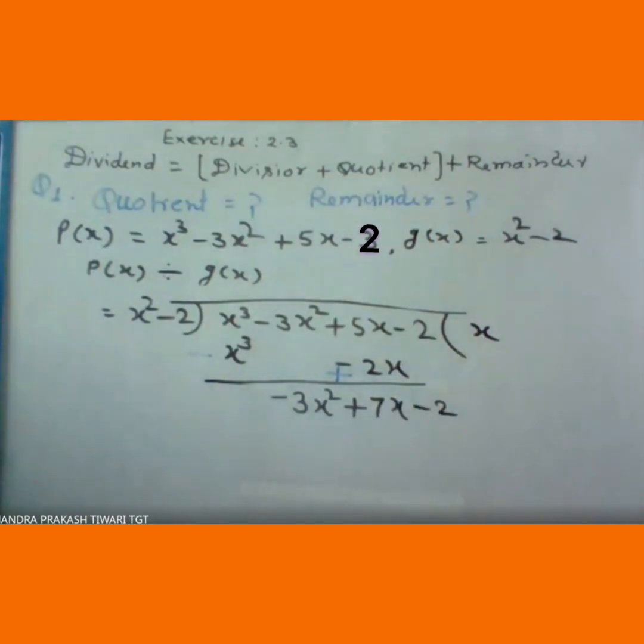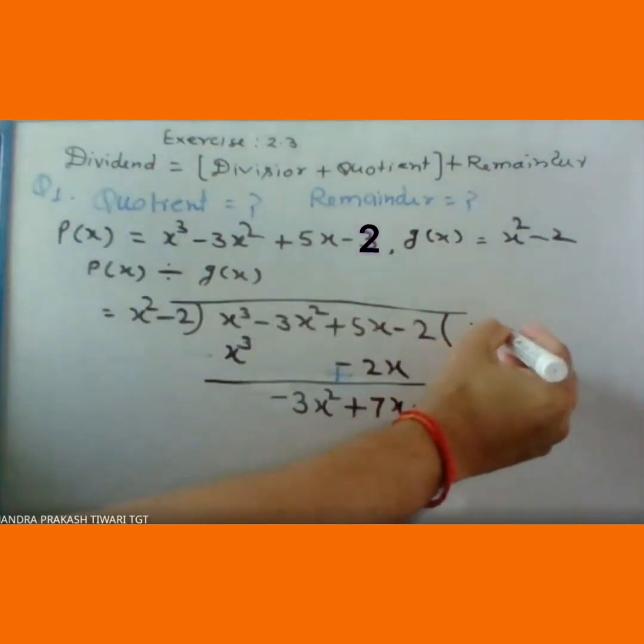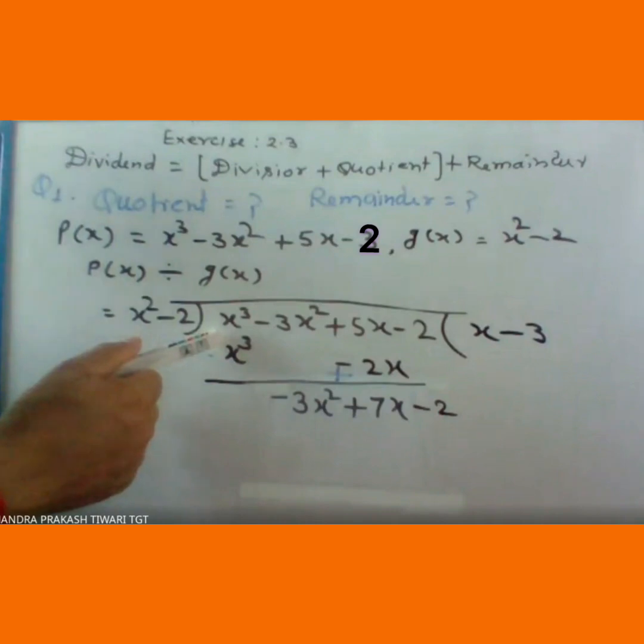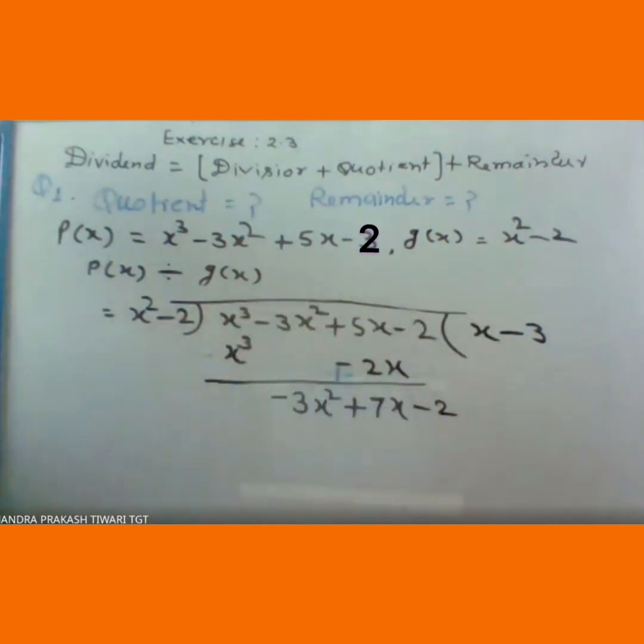After that you will observe the coefficient of the first term. The coefficient of the first term is minus 3, so first of all you will write minus 3 in the quotient. And in the place of x, the coefficient is only 1, so no need to write 1; you will directly write the variable.